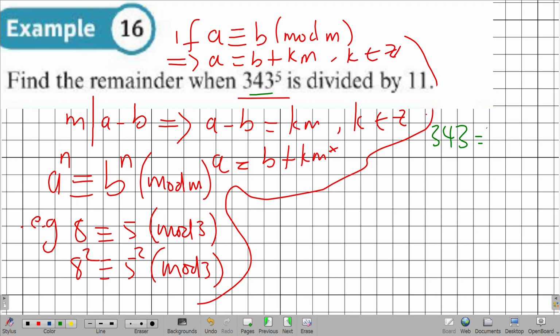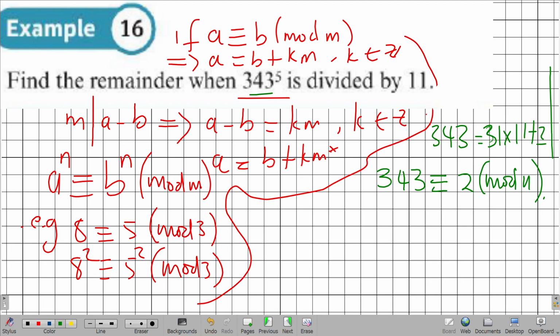So I can write 31 times 11, and the remainder becomes 2. Because the remainder when I divide 343 by 11 is 2, I can conclude that 343 is congruent to 2 under mod 11. That's the first step, so now I've simplified this. I know the remainder of 343 divided by 11 just by using the division algorithm.